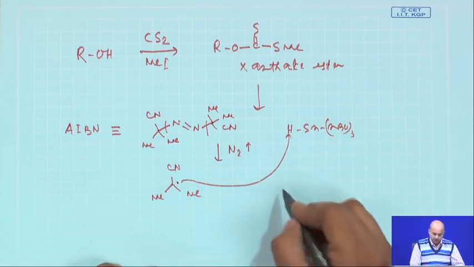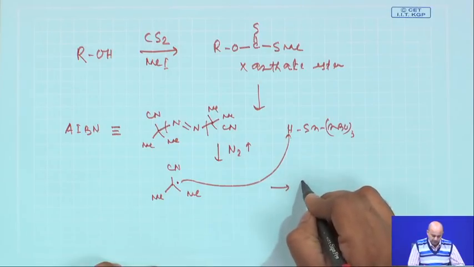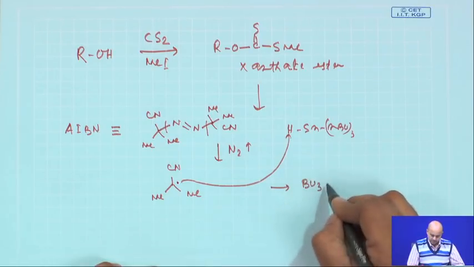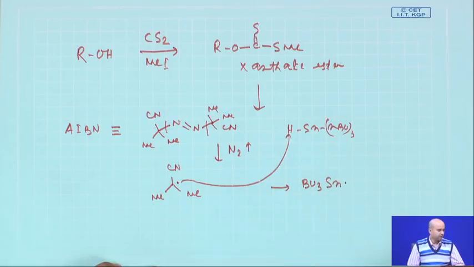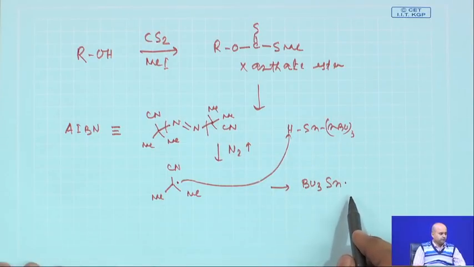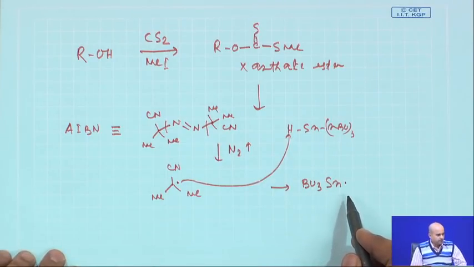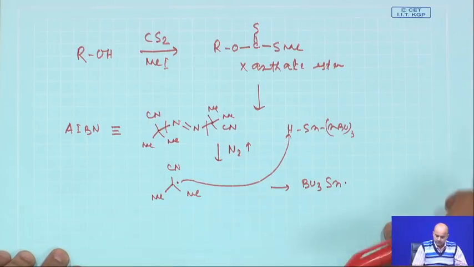It basically picks up the hydrogen from Bu3SnH and gives you Bu3Sn dot. Now, this Bu3Sn dot is reacting with the xanthate.